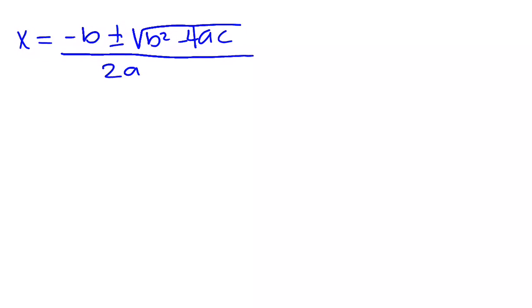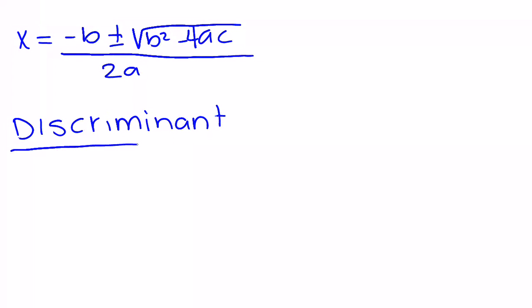Now, before we actually go ahead and solve problems, let's look at something called the discriminant. What the discriminant does is it makes life a lot easier for you because, as we talked about in the previous videos, you might have one solution where your vertex is on the x-axis.